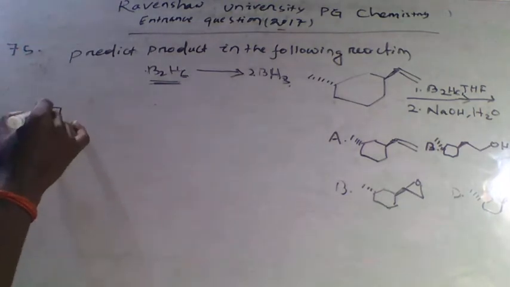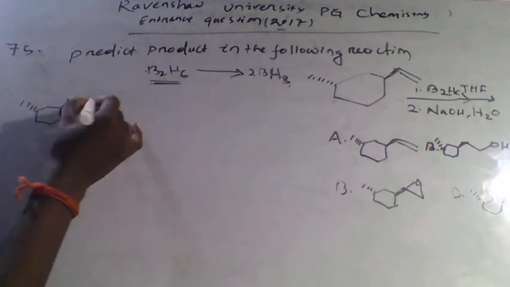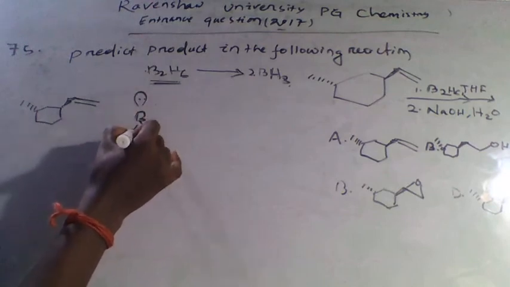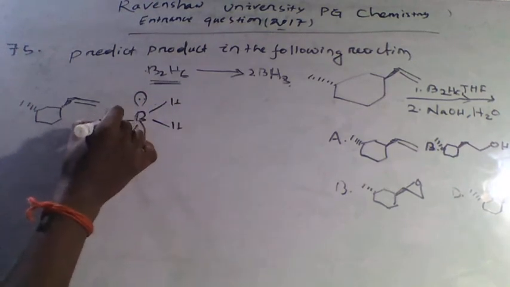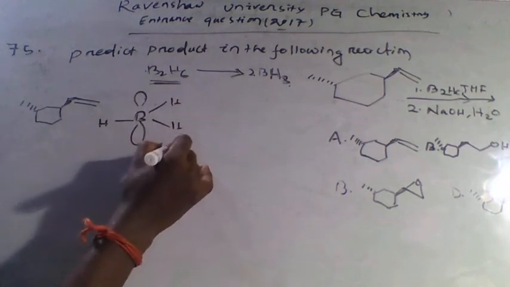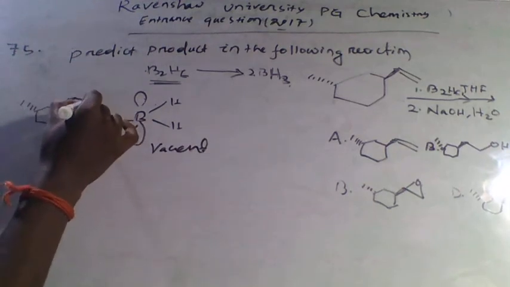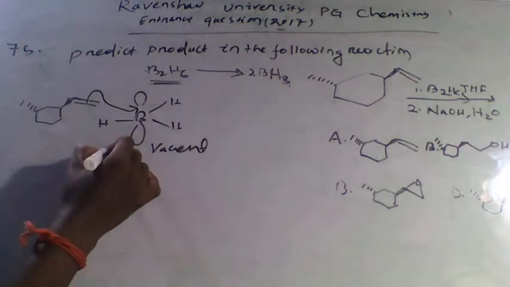This is the alkene, and this diborane, this BH3, has one vacant p orbital, so it can easily take this 2 pi electron, and we'll see here.